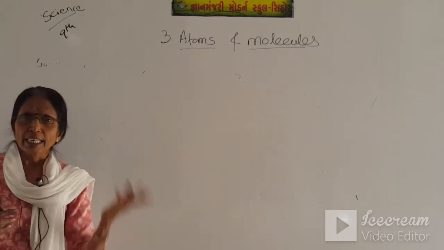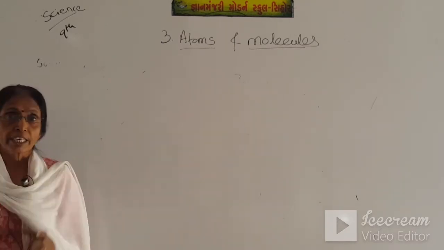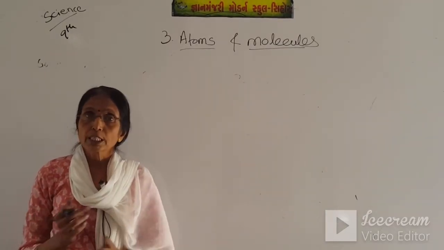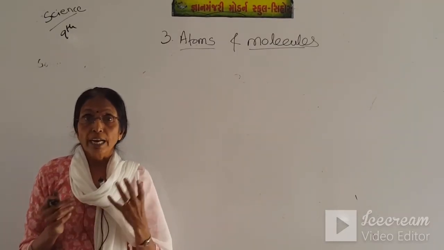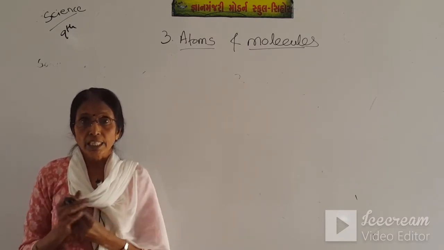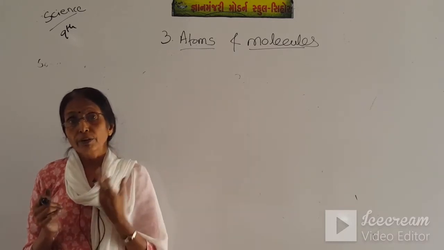Now what are electrons, what are protons, where in the atom the electrons are situated, where the protons are situated, and also where the neutrons are in the atom, all these things you will study in chapter number 4.